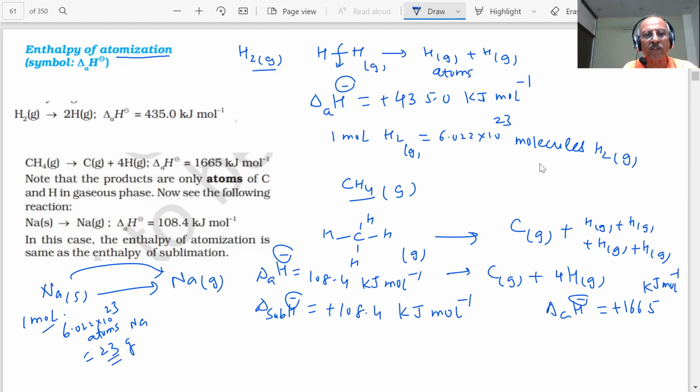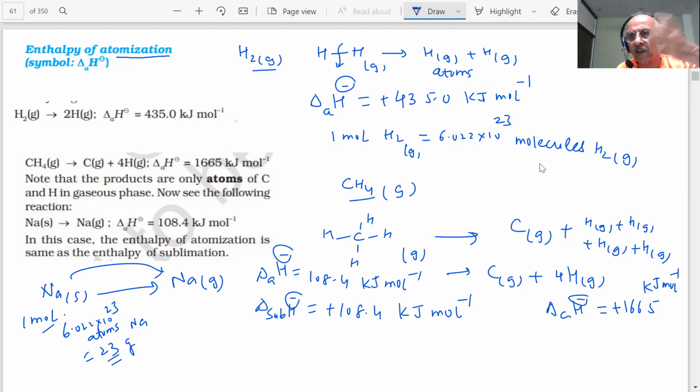So enthalpy of sublimation and enthalpy of atomization are the same thing. Here, enthalpy of sublimation and enthalpy of atomization are the same in the case of sodium because it was a solid. You are converting it into gas.